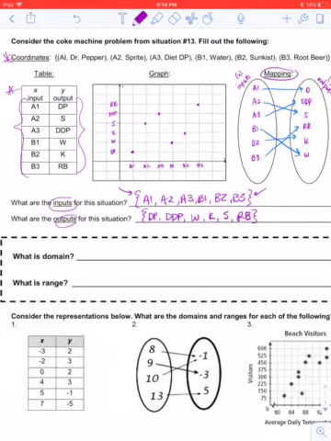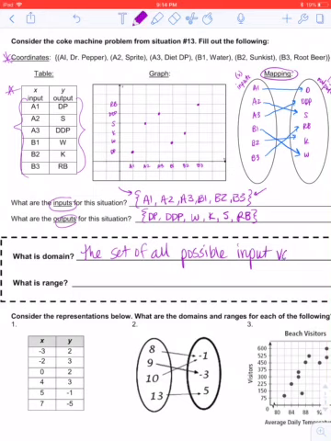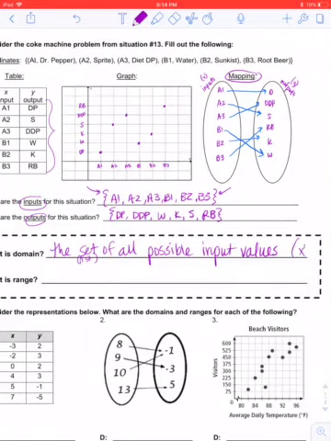So when it asks what is domain, domain is the set of all possible input values. You could also say the list of all possible input values. And remember the input is the X's, okay? So the range, very similar, is the set of all possible output values, or the Y's.